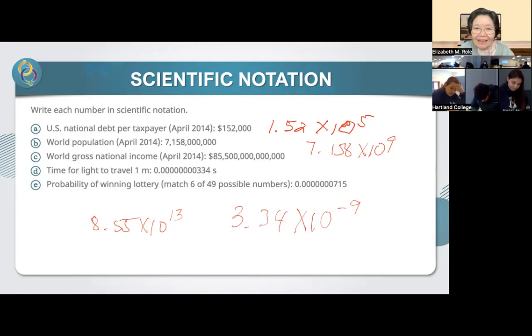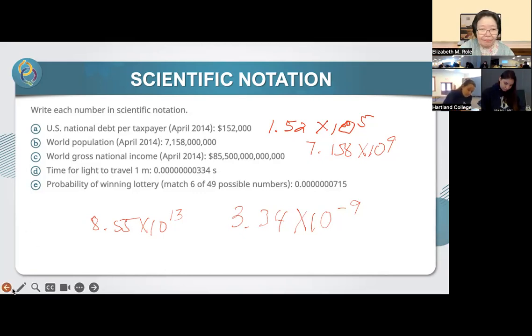All right, so count: there are 2, 4, 6, 7 zeros, but you just have to move to 7.15, so you'll have one more. So 7.15 times 10 to the -8.